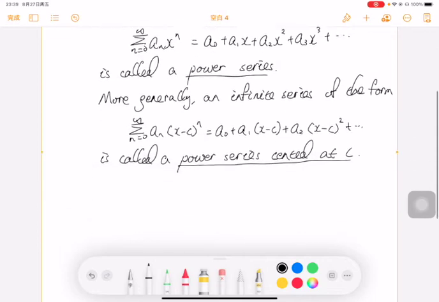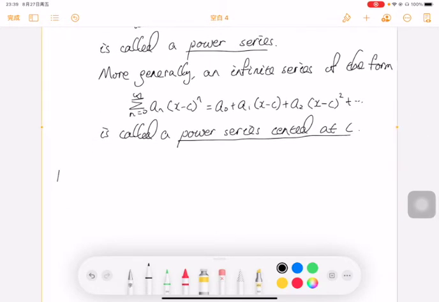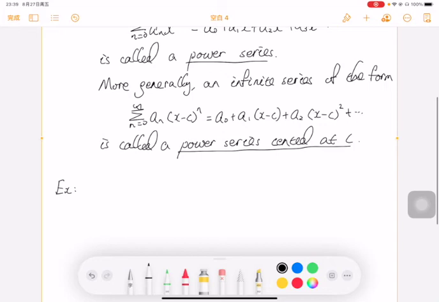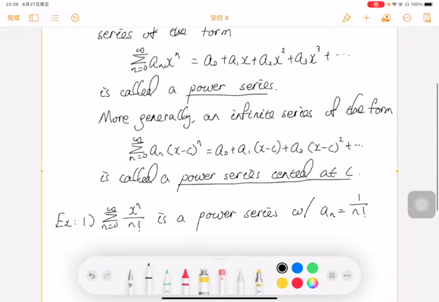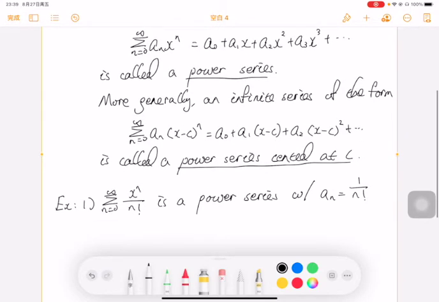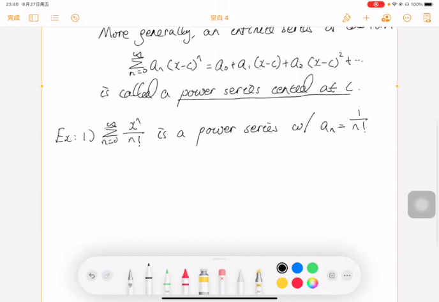Let me give you a quick example. For example, the sum from n equals 0 to infinity of x^n divided by n factorial is a power series with a_n equals 1 over n factorial, right? Because a_n is the coefficient in front of x to the nth power, and in this case, it's just 1 over n factorial.